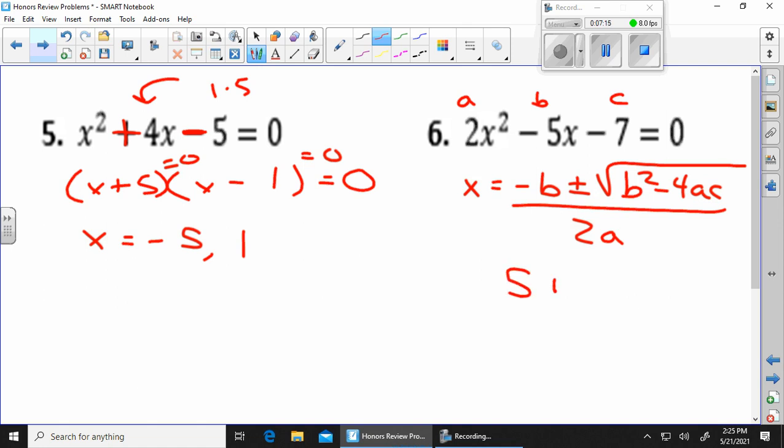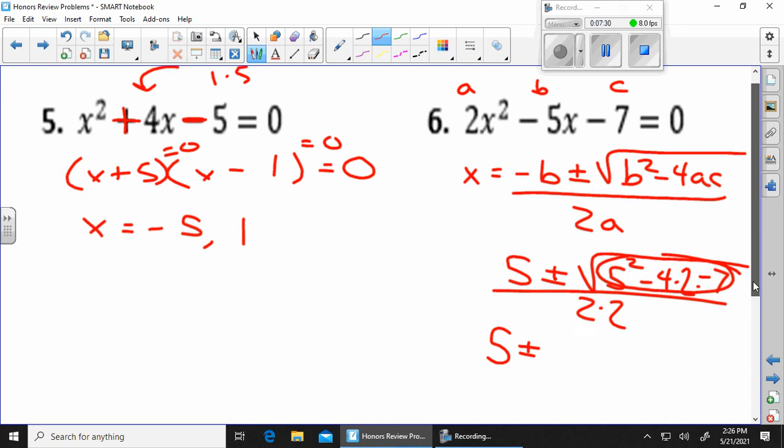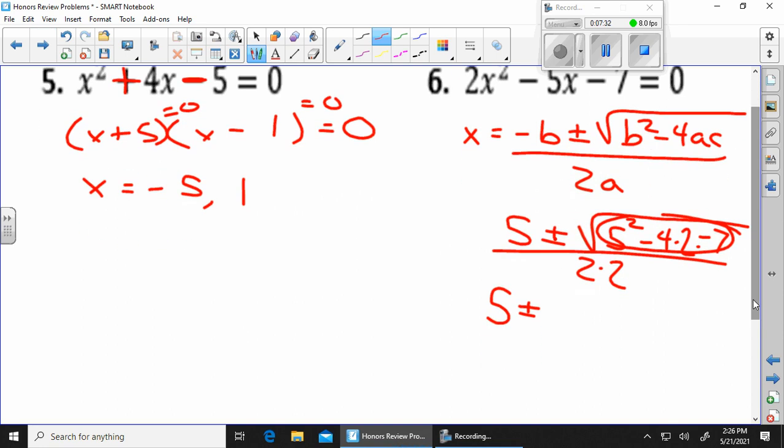Opposite of b, 5. 5 squared minus 4 times 2 times negative 7, all over 2 times 2. So now do what's inside there. It's going to be 25 plus 56, which is 81. So square root of 81 over 4.